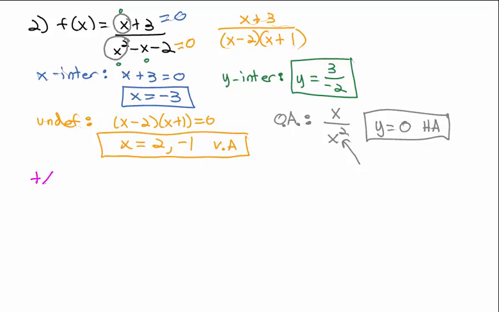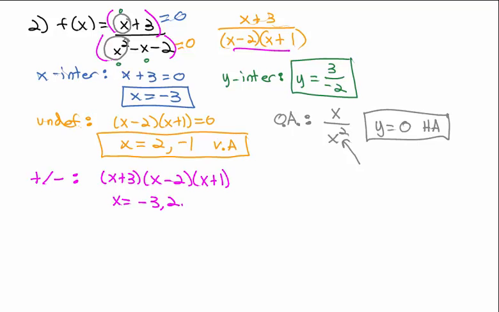Finally, the last thing to find is the positive and negative regions. We take the numerator times the denominator, in factored form because we've already found that: x plus 3, x minus 2, x plus 1. So we know the x-intercepts here are negative 3, 2, and negative 1.